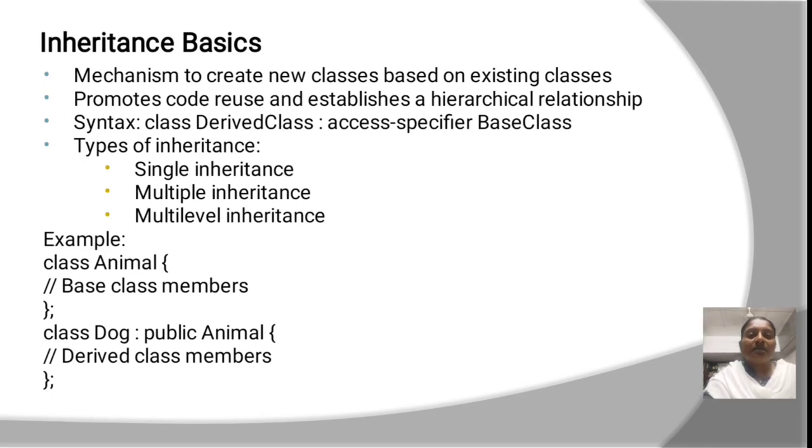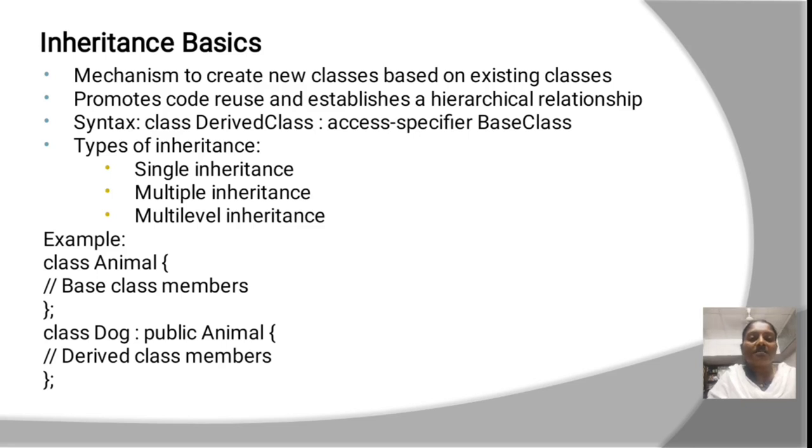Next one is inheritance basics. It is the mechanism to create new classes based on existing classes. It promotes code reuse and establishes a hierarchical relationship. The syntax we are using for inheritance: class, derived class, colon, access specifier, base class.